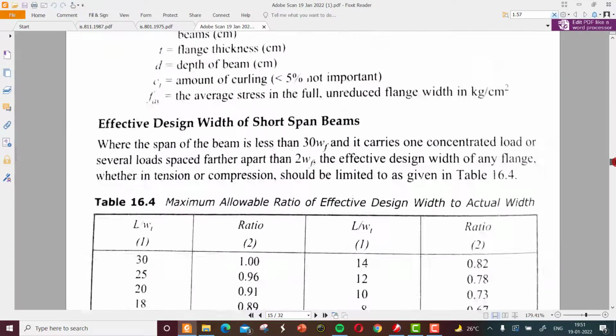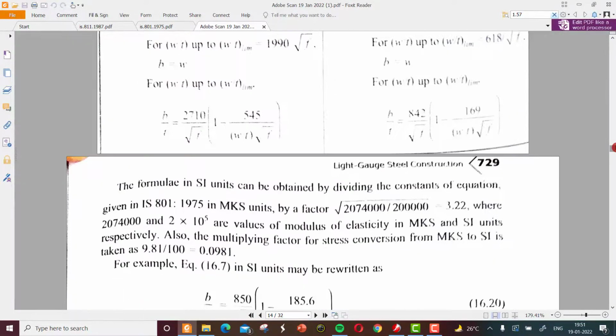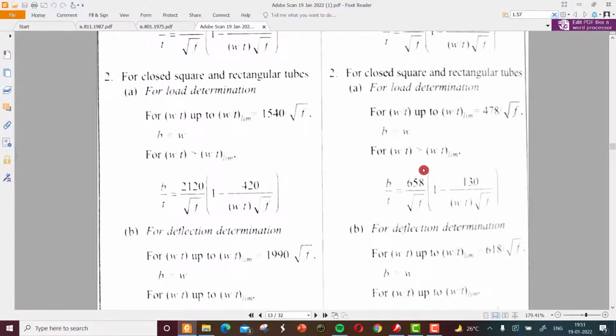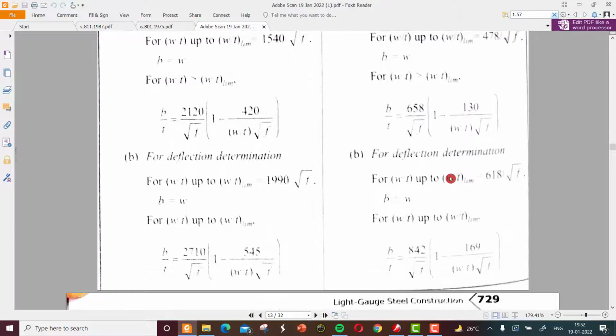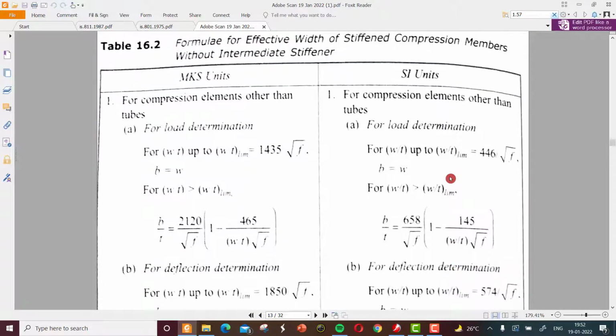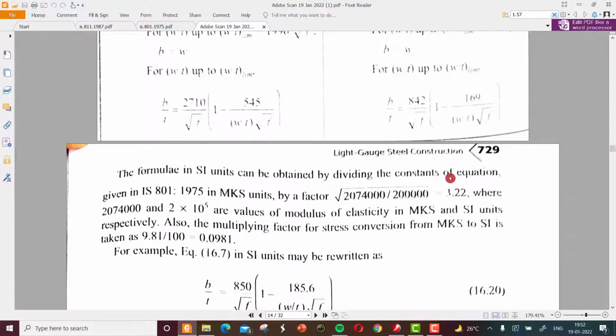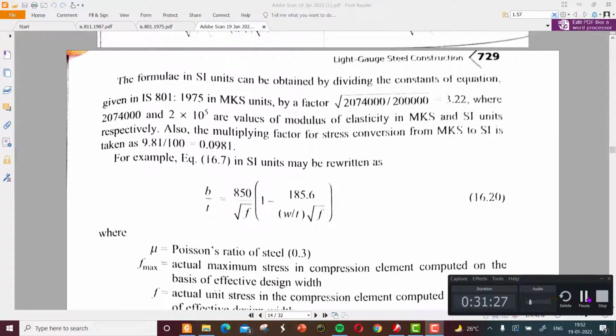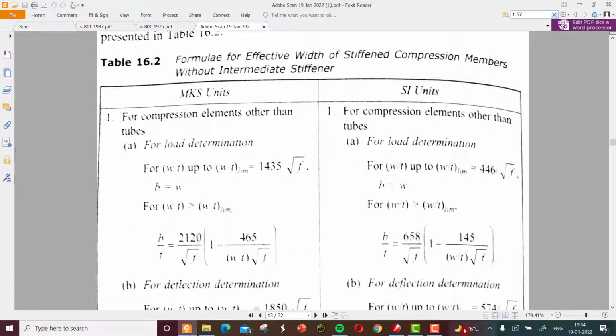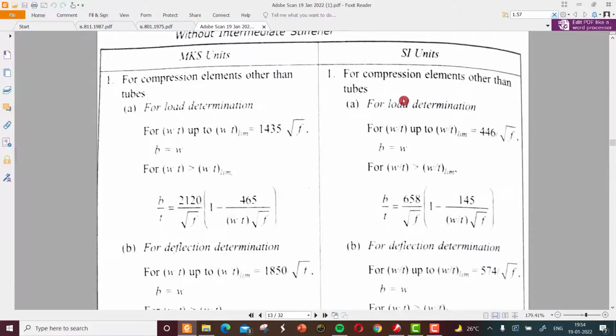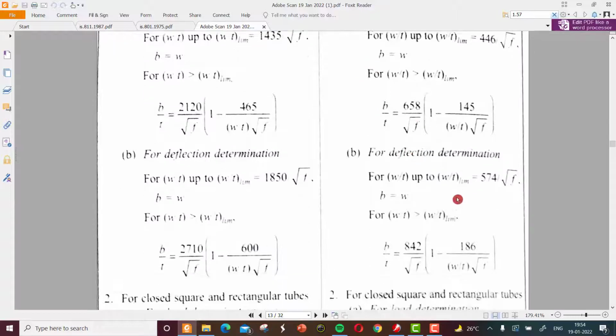So coming to that page, you can see here SI units, that is load determination, combustion elements other than tubes here, deflection other than tubes.